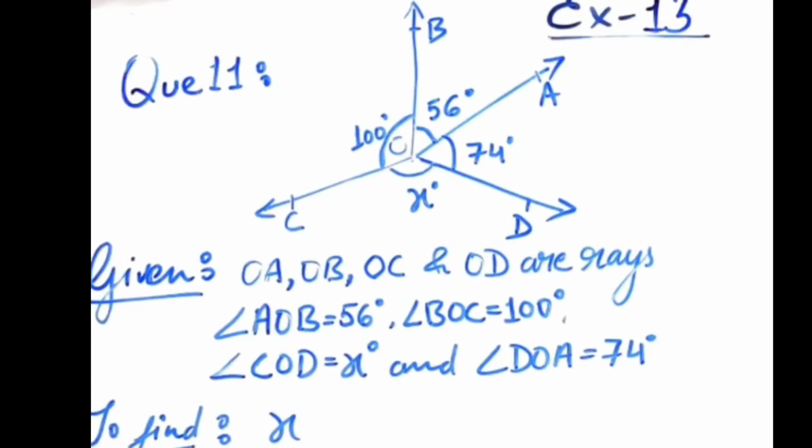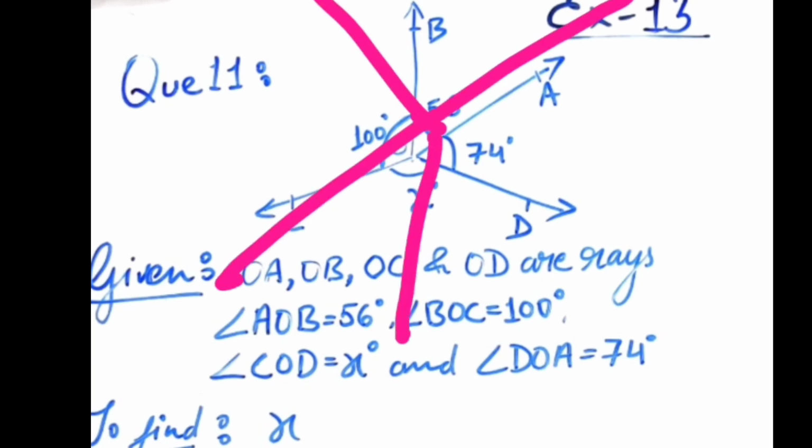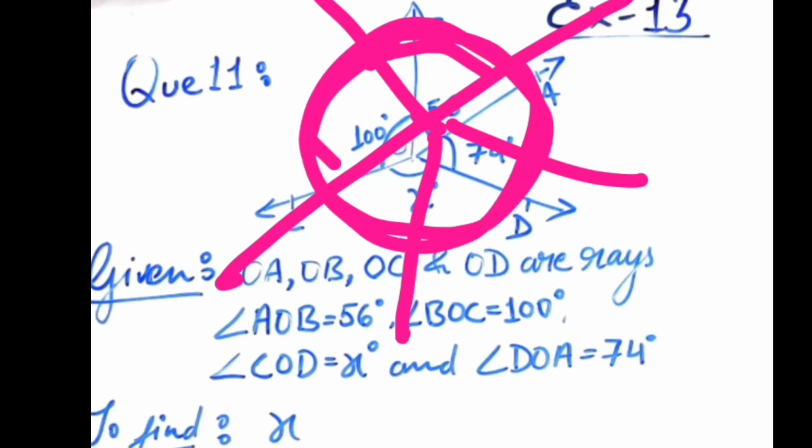So we know that the sum of all the angles around a point is 360 degrees. If there is any point, there are some angles around it. Maybe 3 angles, 4 angles, 5 angles, any number of angles can be there around it. The sum of all the angles will always be equal to 360 degrees. We know that.